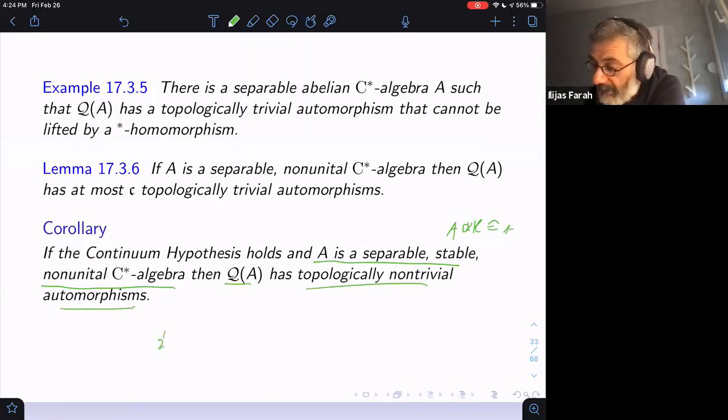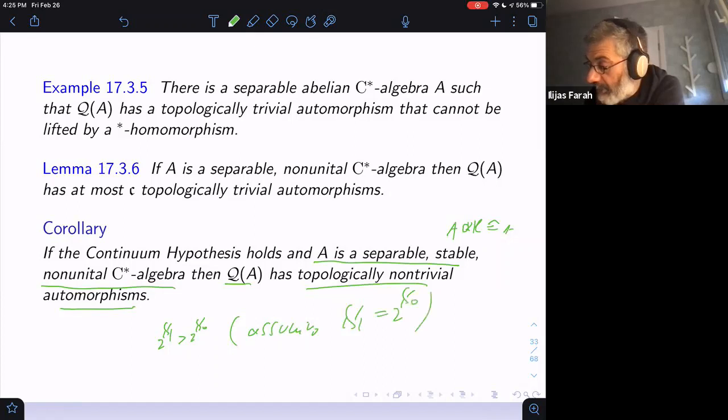Well, we proved that there are 2 to Aleph 1 such automorphisms, and 2 to Aleph 1 is greater than 2 to Aleph 0. Well, not in ZFC, but assuming that Aleph 1 is equal to 2 to Aleph 0, which we are assuming. I said this in a funny way; what I should have said is that 2 to Aleph 1 is greater than Aleph 1.